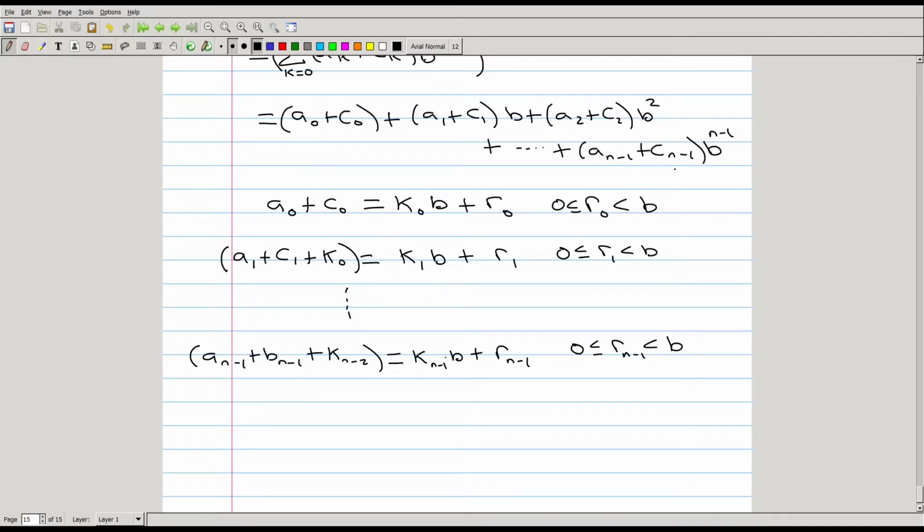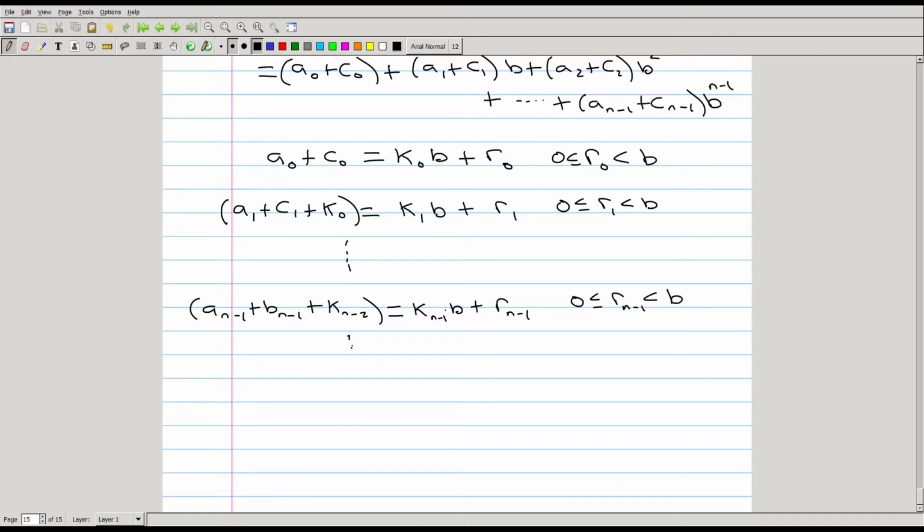In that event, you have to continue to divide by b until we get that k_m is equal to 0 times b plus remainder r_m, where r_m is strictly less than b, and thus the addition of A and B, or A and C, base b, will be the listing of all these remainders.